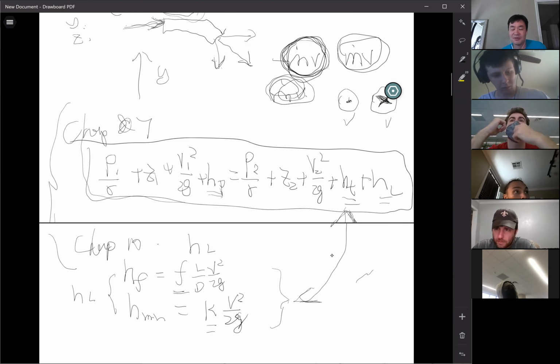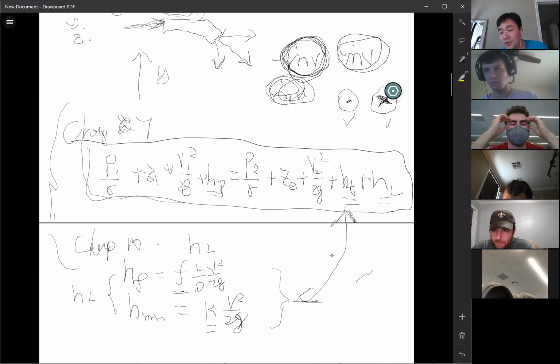Gamma of water, 9,800. Gamma of air, 9.8, or 10. Those are common values in SI units. In English units, the gamma of water is 62.4. This really benefits you as a future engineer. You need to memorize those common properties.